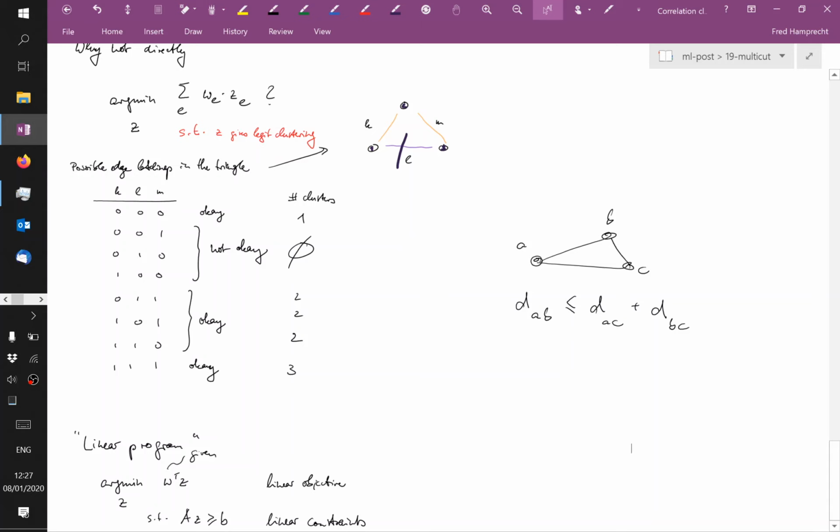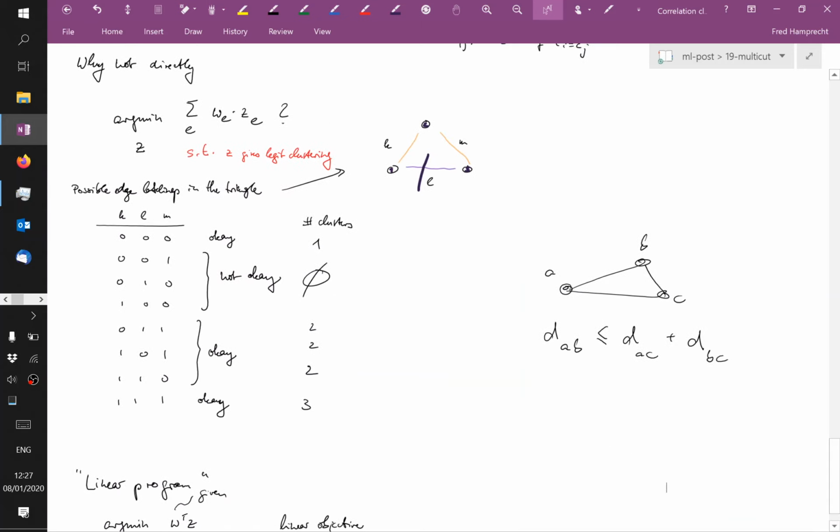Yes, so we can always choose a pivot edge. The word that I've been using here, pivot, it's spelled like this. It means the edge of current interest, let's say.